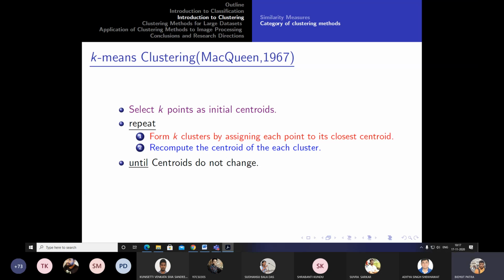You repeat this until the centroids do not change. You have a set of points and you need to form the clusters, and how many clusters you should form is given as input. That is the value of K.